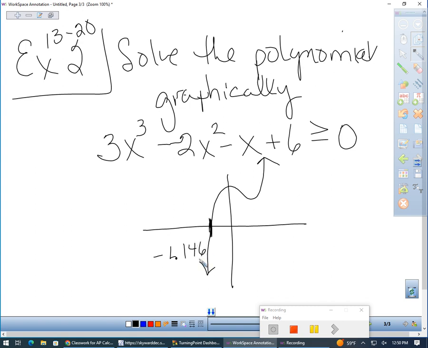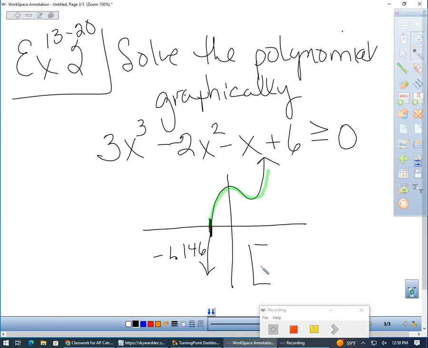All right. So now how do I answer this question? Where is it greater than or equal to 0? That is everything on this side, right? And if it's greater than or equal to, I'm starting with this negative 1.146. But do I want a bracket or a parenthesis?